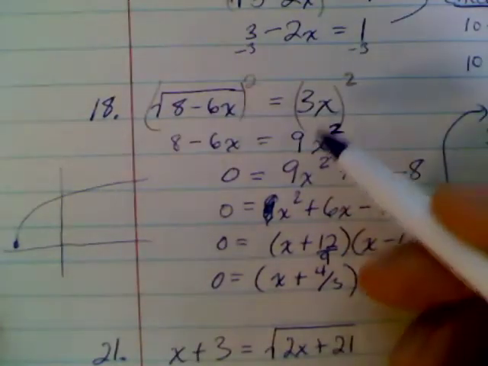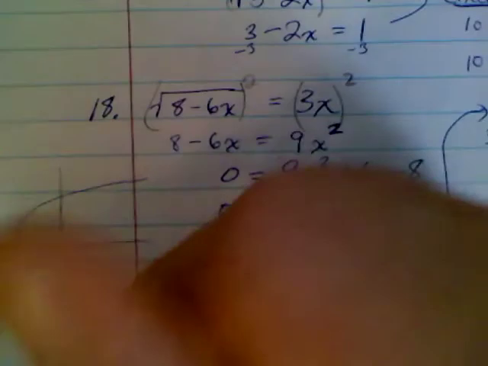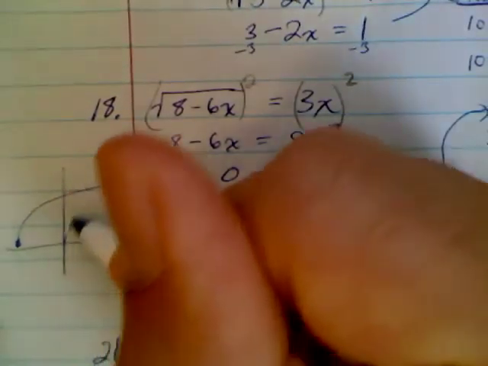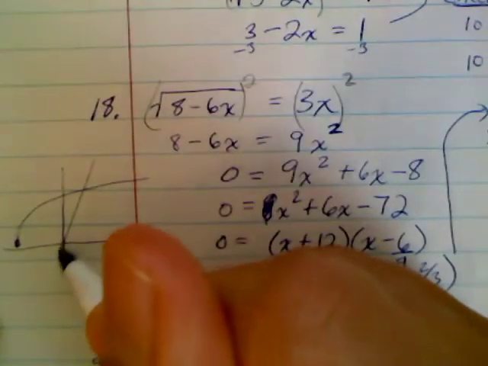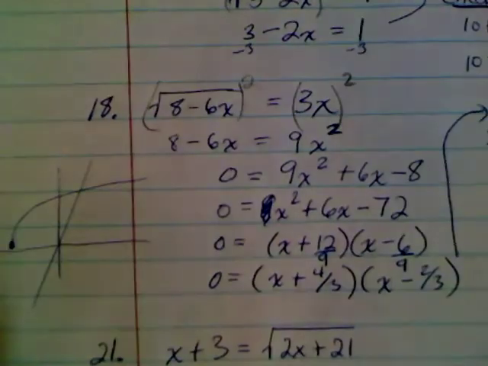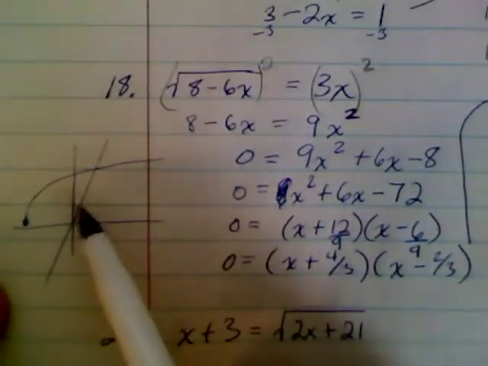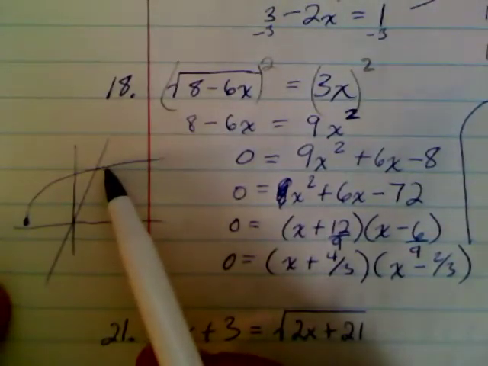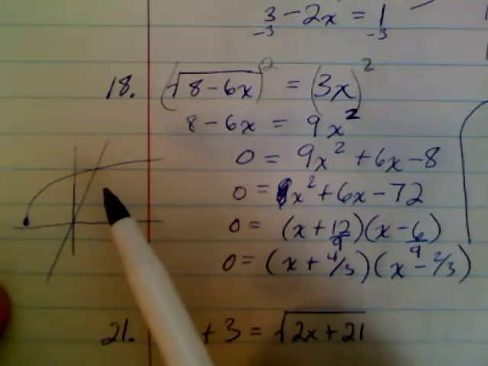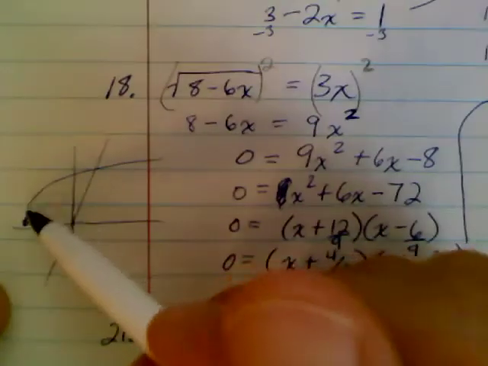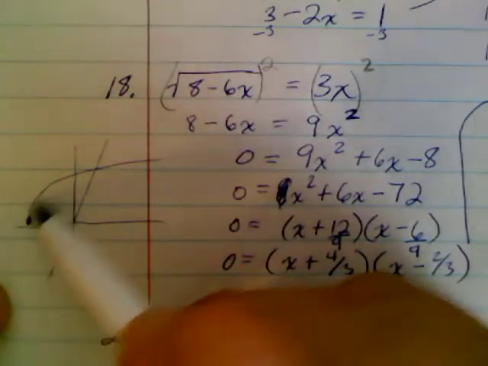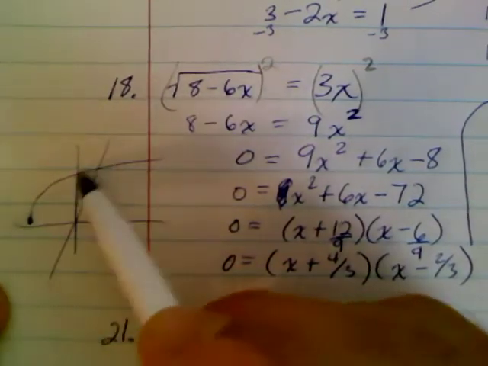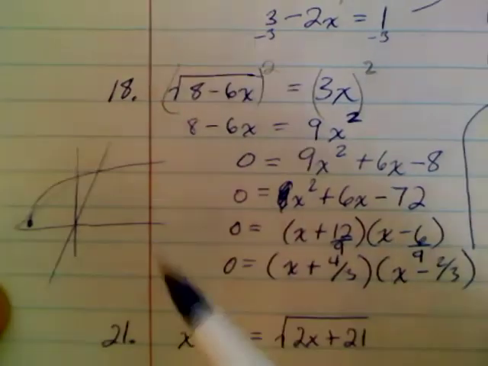But then you have 3x, which I know more precisely what that looks like. So you can see how the radical is only going to cross that 3x line one time. I guess a line could go through 2 times actually.